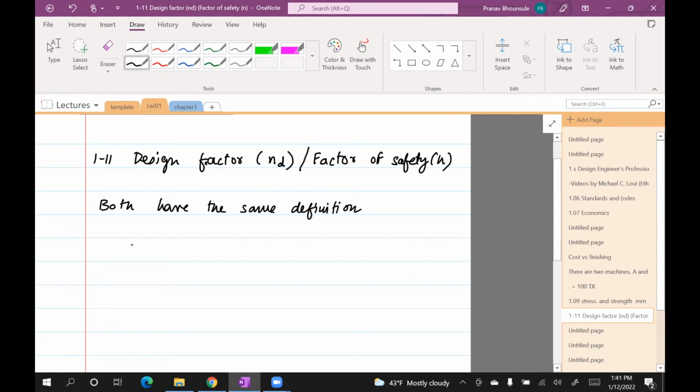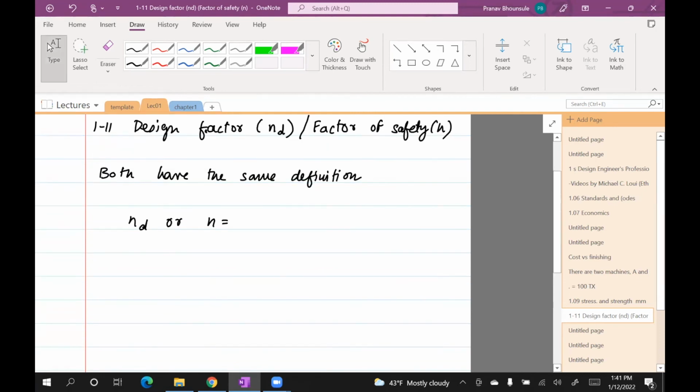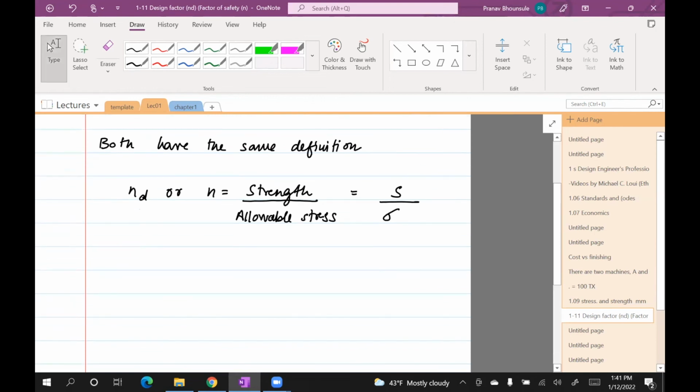So the definition is ND or N is nothing but the strength, divided by the allowable stress. The strength we will denote by S, and the stress could be normal stress or shear stress. Let's just put normal stress for now. Again, strength is for the object as a whole, stress is the force per unit area at a particular point. So if they're the same definitions, how are they different?